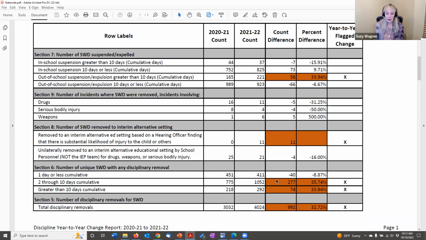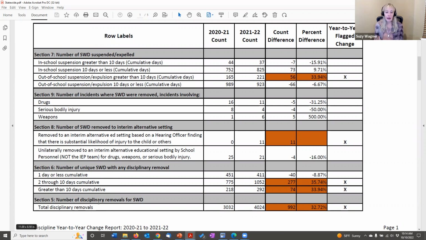We can see other changes here as well. I'll just highlight a couple. The number of students with disabilities who had between 2 and 10 days of suspensions or expulsions, which could have been in school or out of school, increased by 277, which is a 36% increase. And lastly, this one shows the number of disciplinary removals.